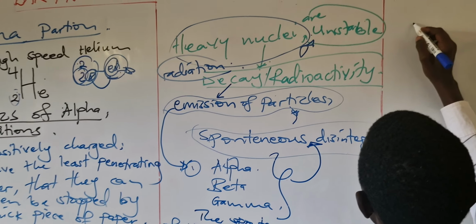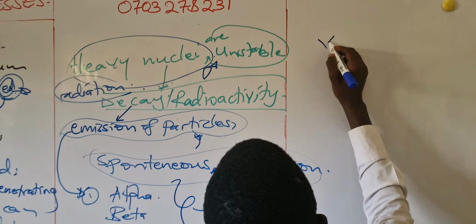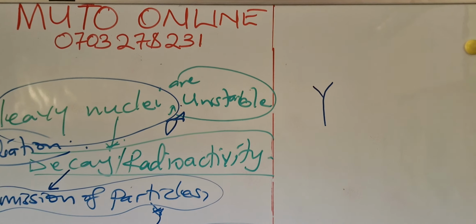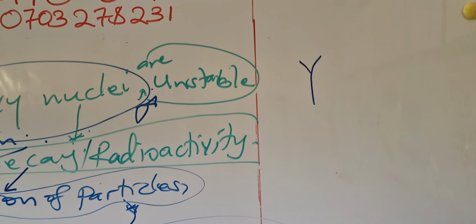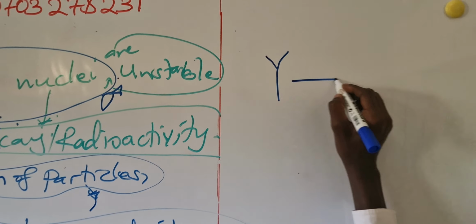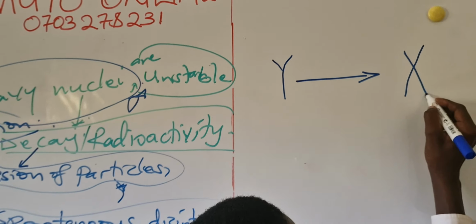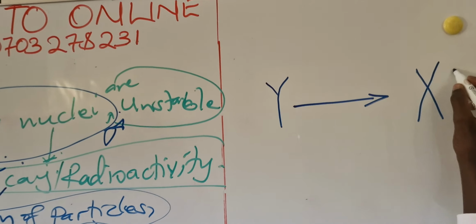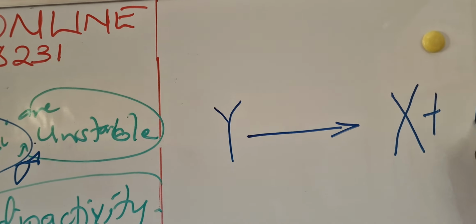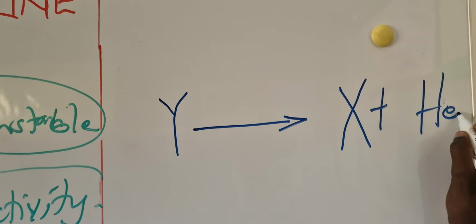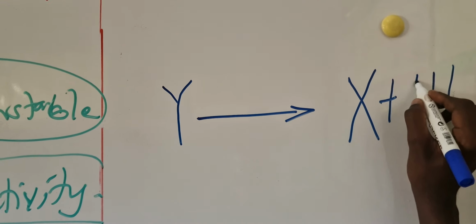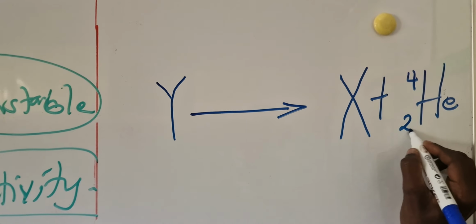Like we said, for the mother nuclei to disintegrate and give a daughter nuclei by alpha decay, they will always emit a helium atom or a helium nucleus.